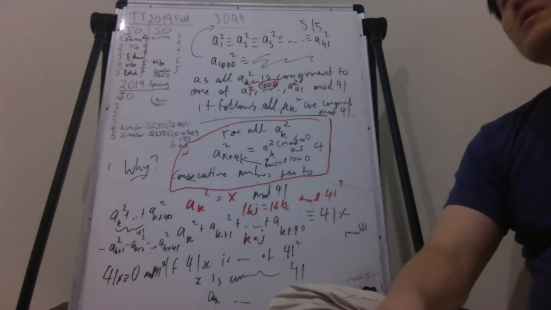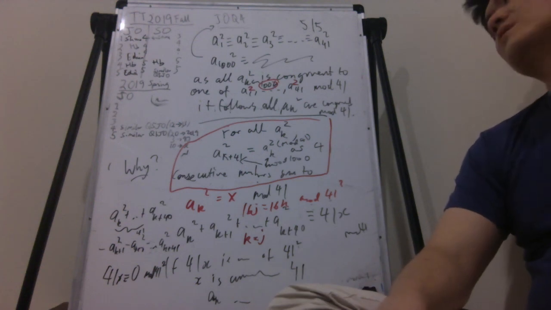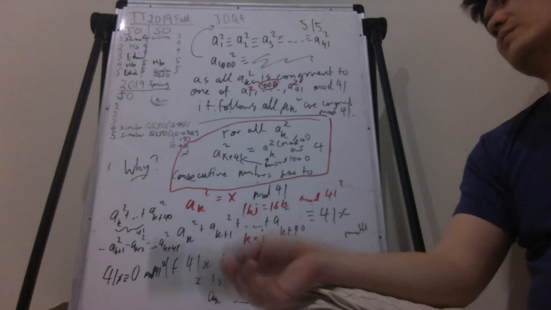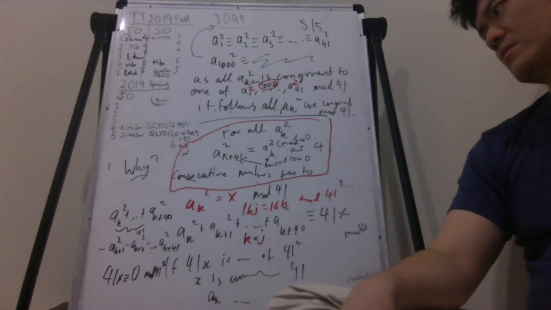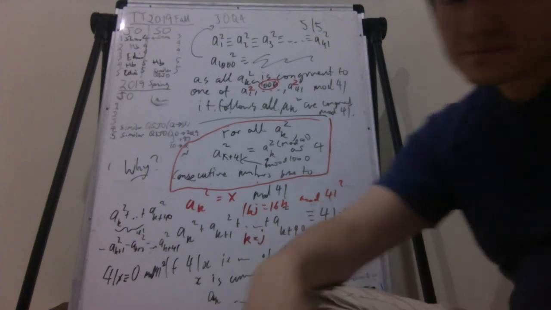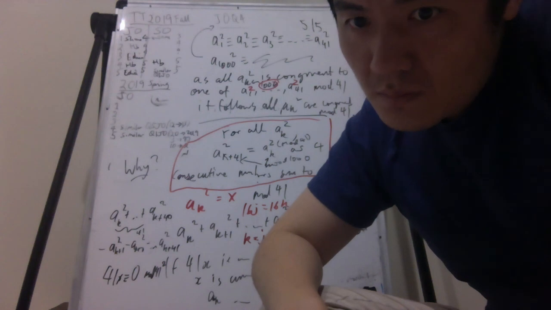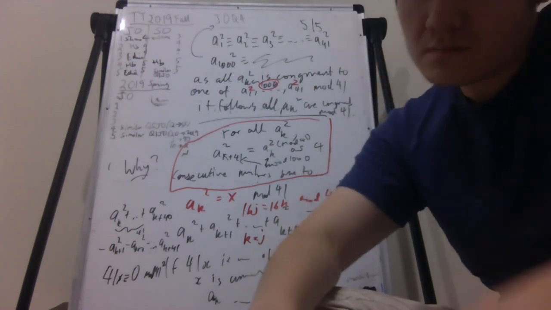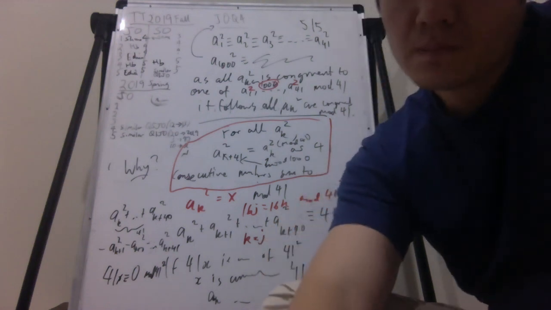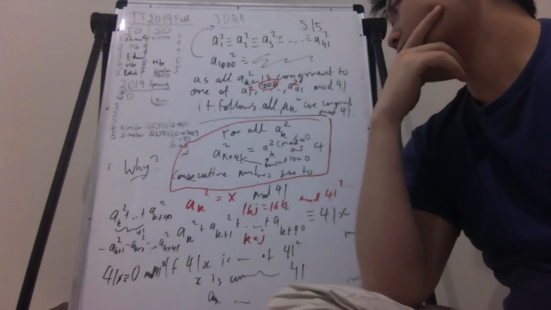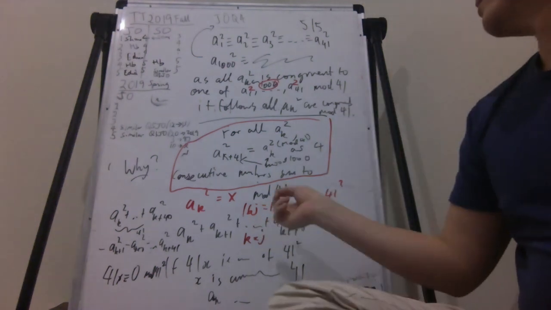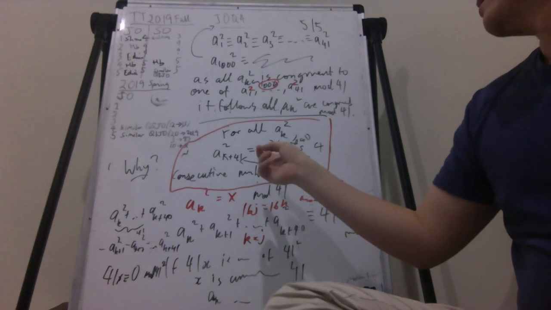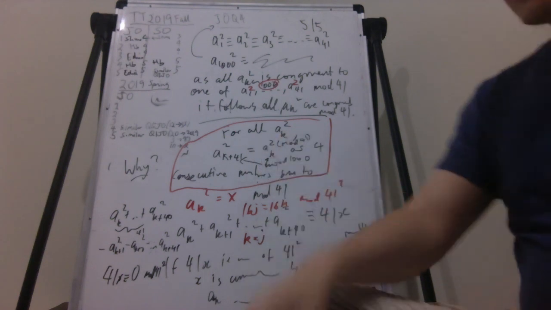I think it's still the same argument, isn't it? And then x, yeah, because it's prime, it goes into both. Yeah, so I guess if you wanted to modify this argument, you would have to make it mod 41 squared, right?